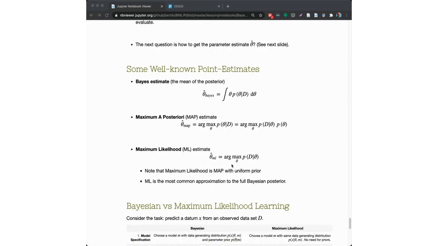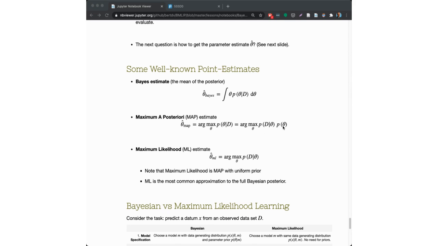The maximum likelihood estimate is also a particular choice, namely, from our full model, having a prior and a likelihood function, we only take the maximum of the likelihood function. We don't care about the prior, which basically says this prior is constant, let's say a constant over the domain of theta.